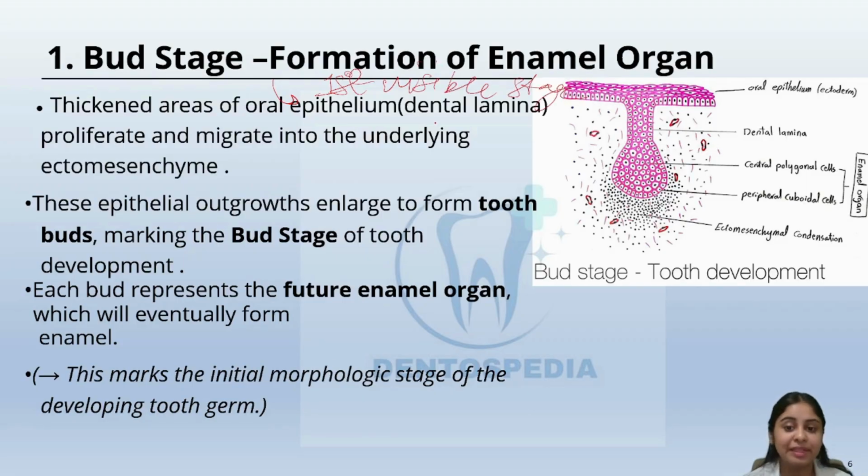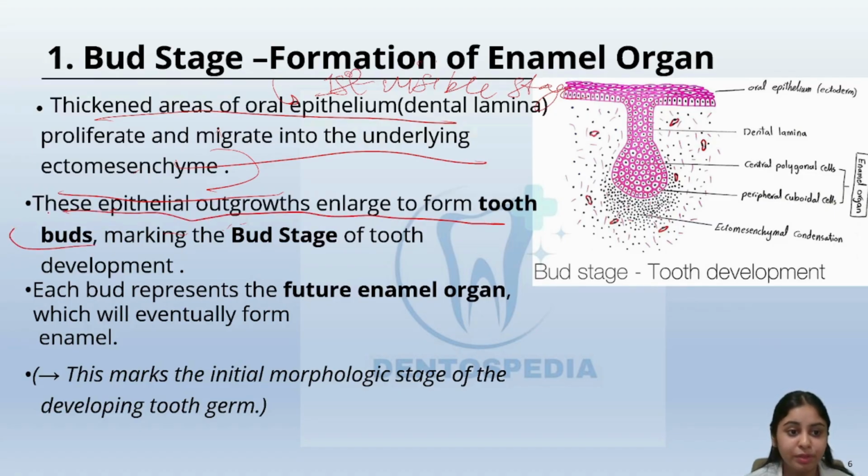Here the oral epithelium thickens and migrates into the underlying ectomesenchymal cells. And this epithelium outgrowth enlarges to form the bud, marking the bud stage of the tooth development.